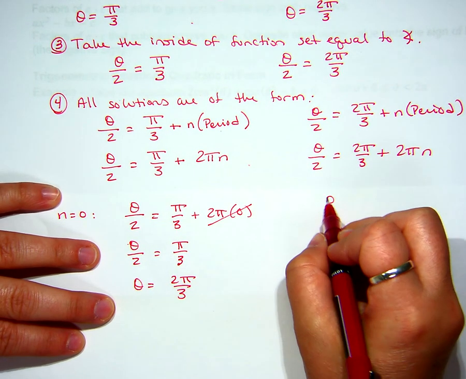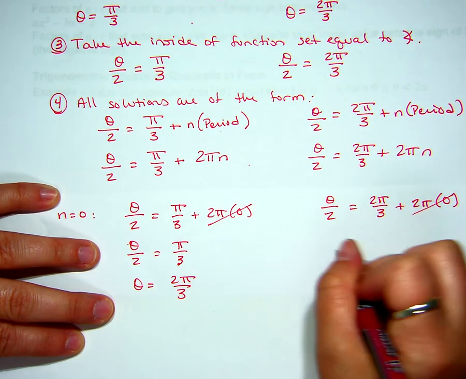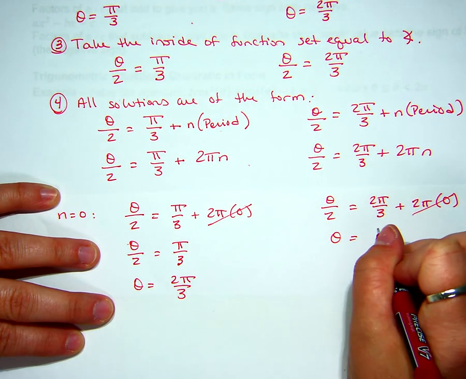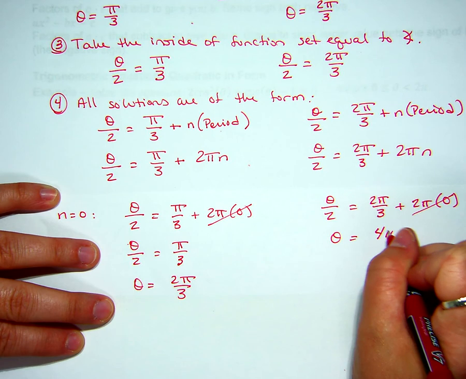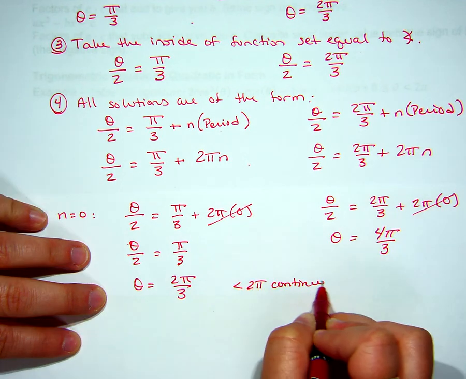On this side, theta over 2 equals 2 pi over 3 plus 2 pi times 0. Multiply by 2 to solve this one, 4 pi over 3. Both of these are less than 2 pi, so continue.